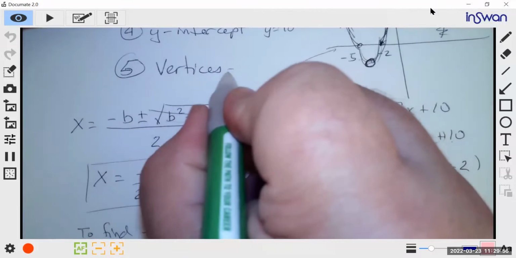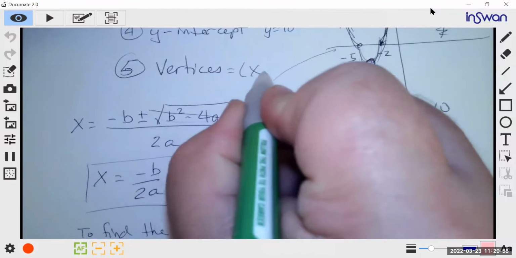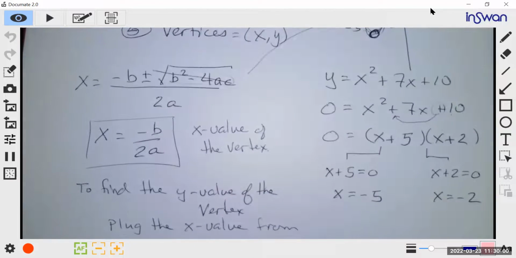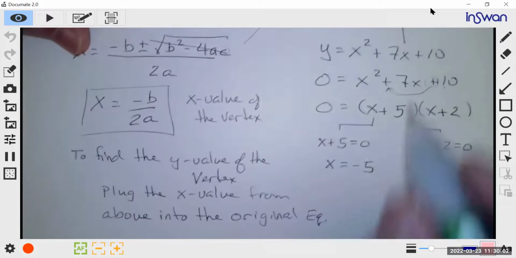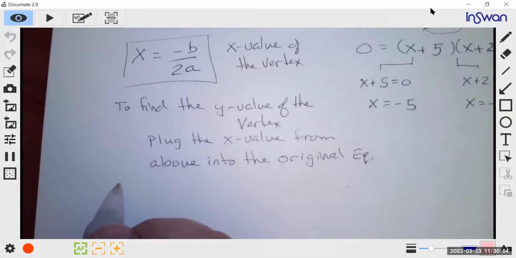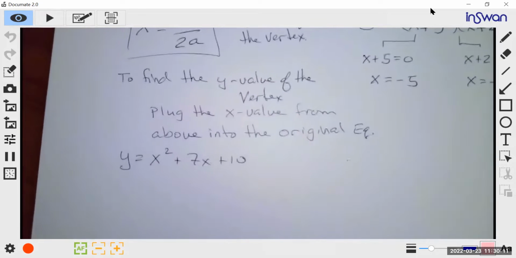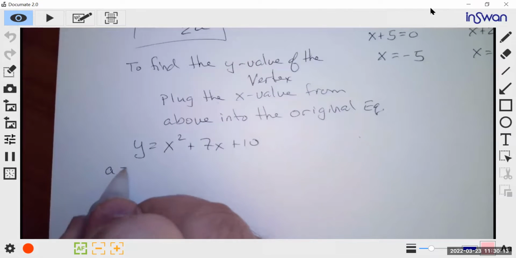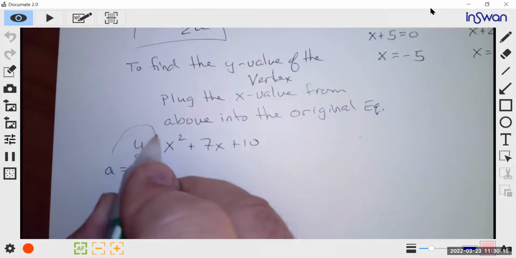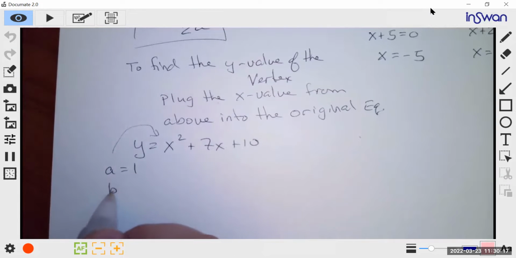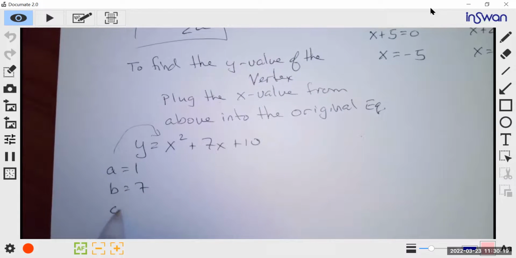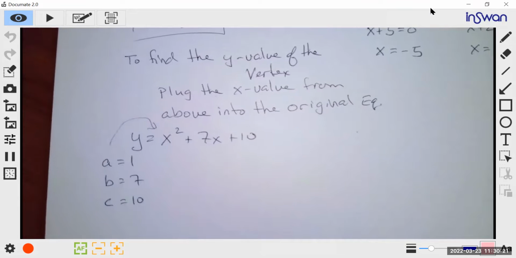So the vertex is a point. It has an x and a y component. In my equation, x squared plus 7x plus 10, we know a is 1, that's the leading of x squared, b is 7, and c is 10.